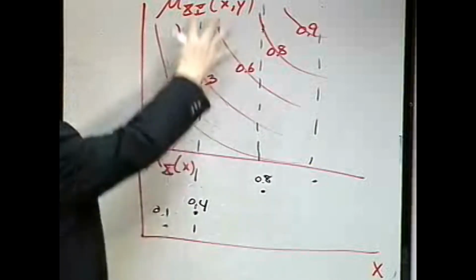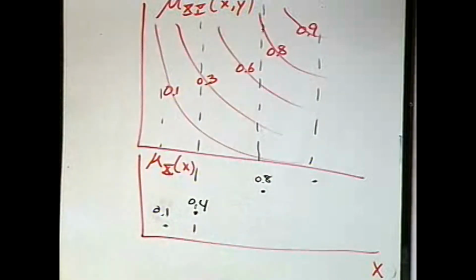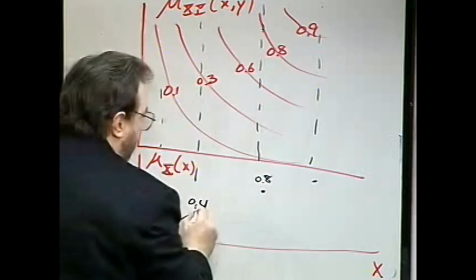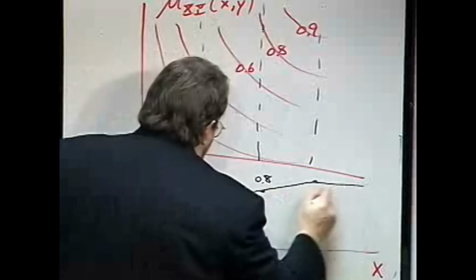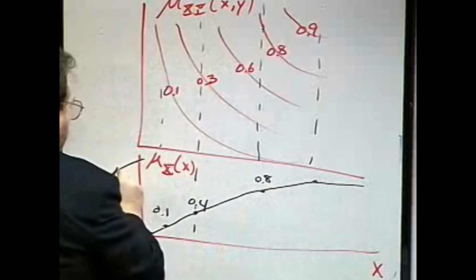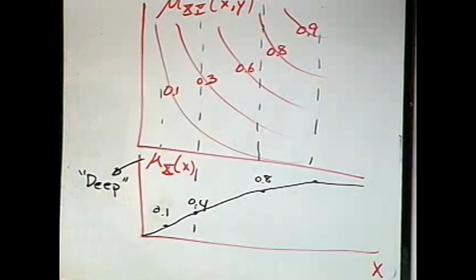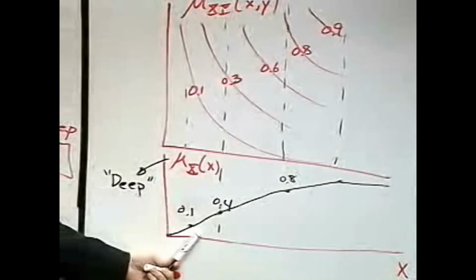So if we did the marginal, if we took the maximum of all of those lines going down, in order to get the marginal membership function, we would get something like this, which is the membership function for deep. That's a good membership function for deep, isn't it?